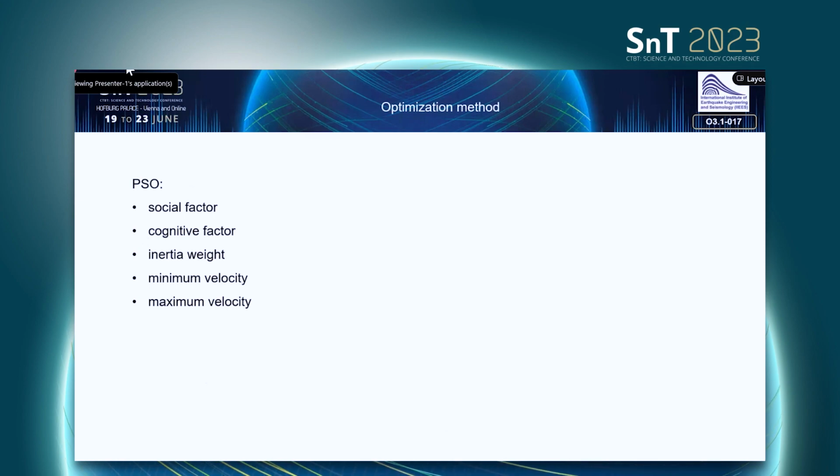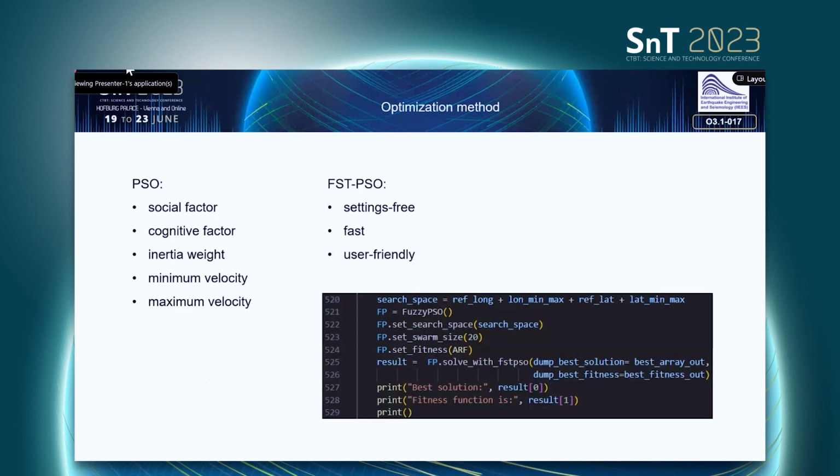But hopefully, FST-PSO benefits from fuzzy logic to adaptively select these hyperparameters. And also, it's fast and user-friendly. As you can see here, I have implemented this method in my code only by defining the search space and the fitness function. So it's really easy to implement.